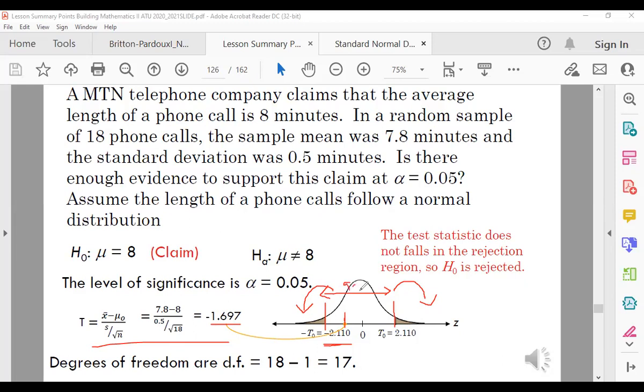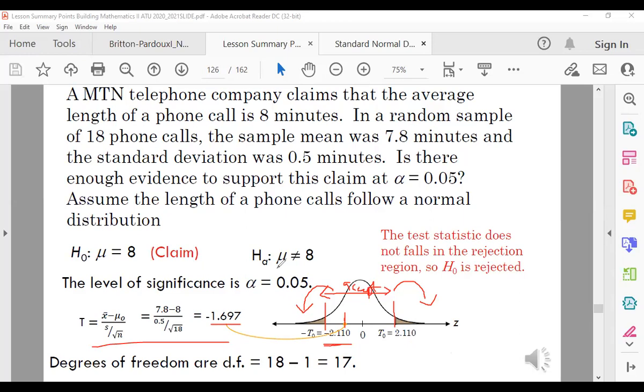If it is in the acceptable region, then we say that at the 5% significance level, we do not have enough evidence to reject the null hypothesis.